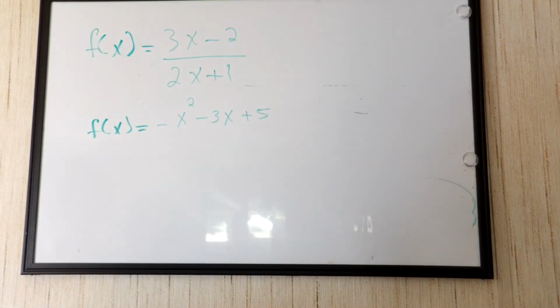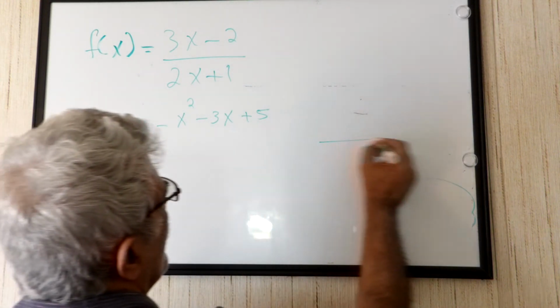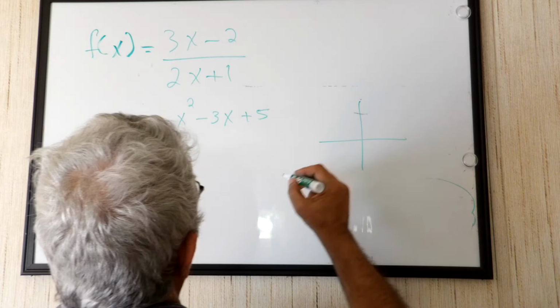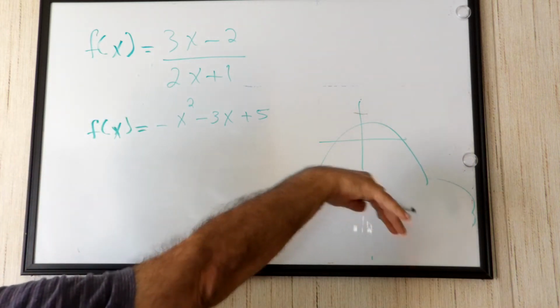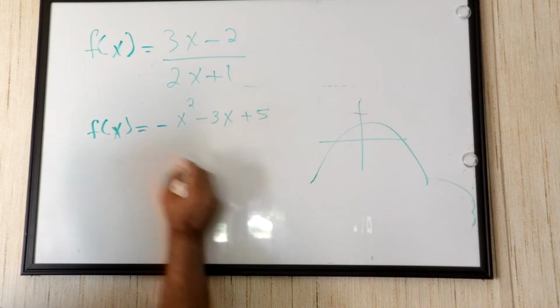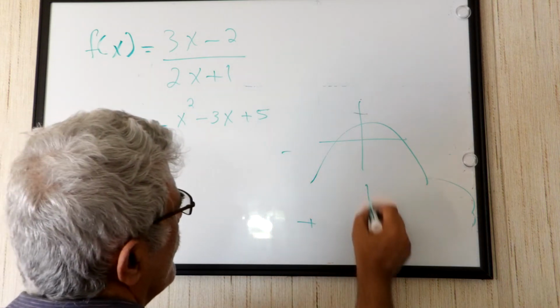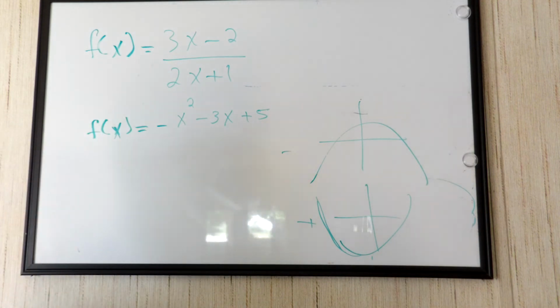This is going to be something like that, because it's going to open downward because of the minus sign here. If it was plus, it would be something like that, open upward.